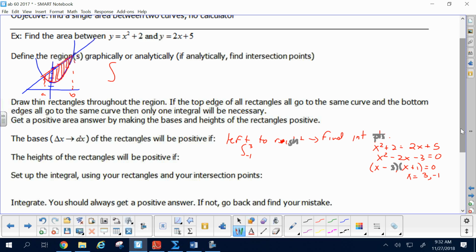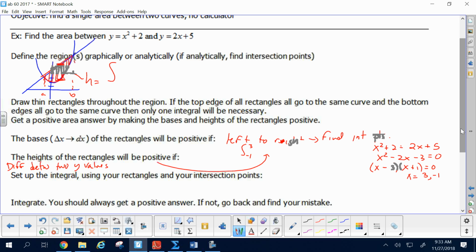Now, the heights will be positive if we take the difference between the two y values. The height of each rectangle is the difference between the y's.